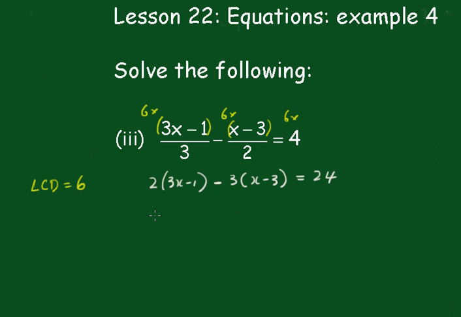So it'll be 2 times 3x is 6x, minus 2, minus 3x, watch it, plus 9, equals 24. So it becomes 3x plus 7 equals 24. Now we'll subtract 7 from both sides.